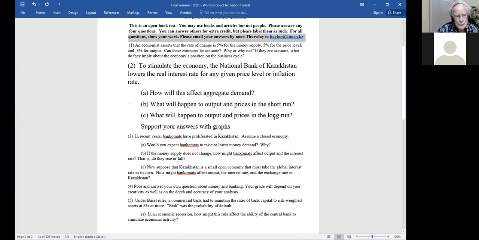Just remember that in the long run, the aggregate supply function is vertical in the graph.